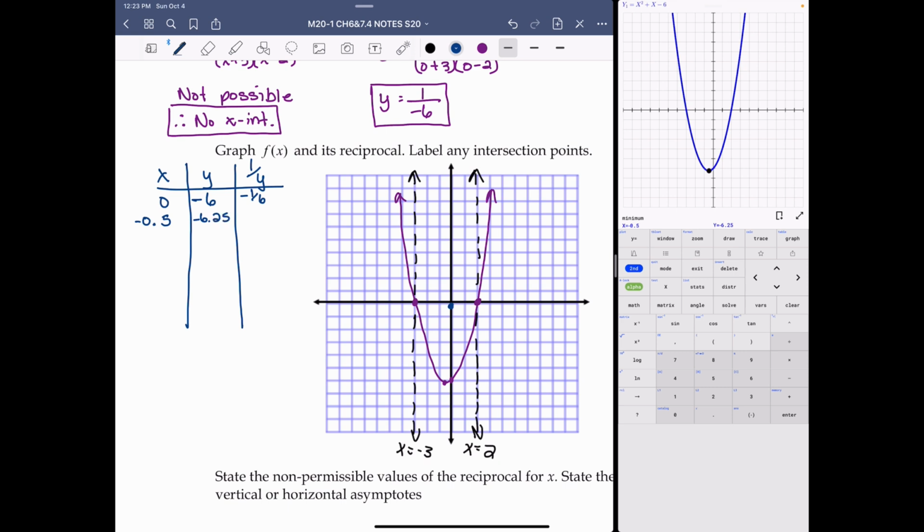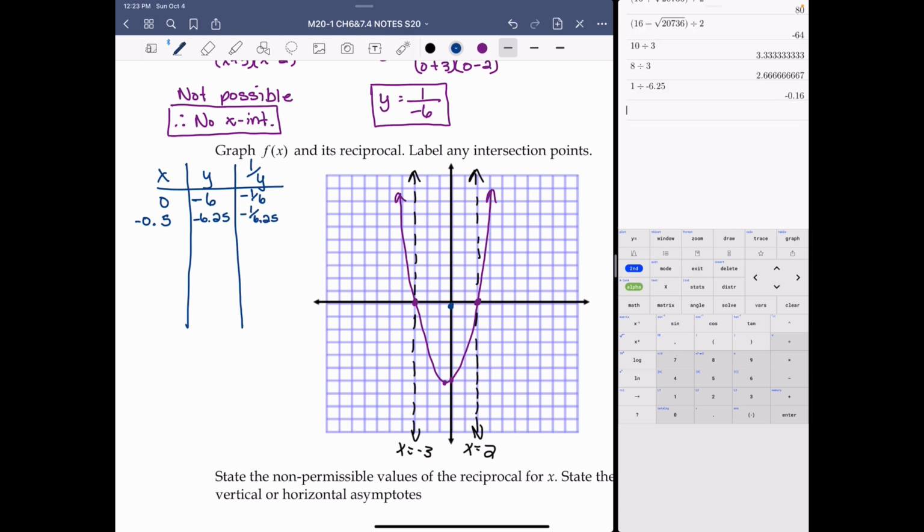So our reciprocal will be -1 over 6.25, which if I go back to my calculating screen, -1 over 6.25 is -0.16. So again, a number really close to 0, but just on the negative side.